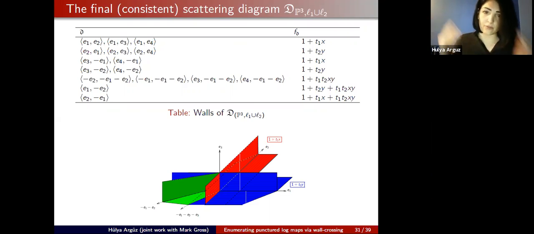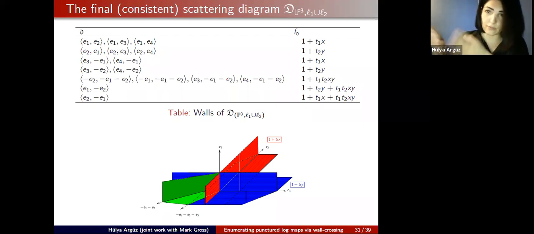The algorithm tells you, when two walls cross, how to add another wall with a monomial of the form 1 plus something. And we had infinitely many walls, and we take the limits, they converged to 1 plus t2y plus t1t2xy, for instance. This is the convergent scattering diagram where I cancelled infinitely many walls by what they converged to.